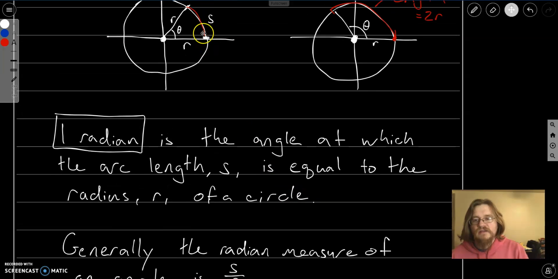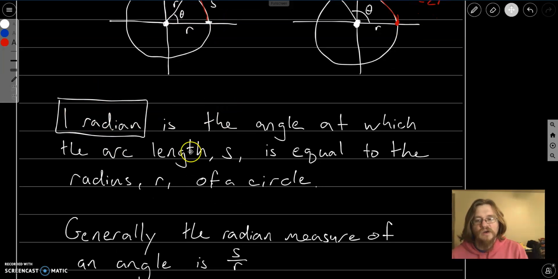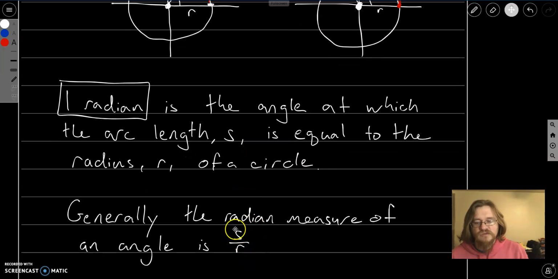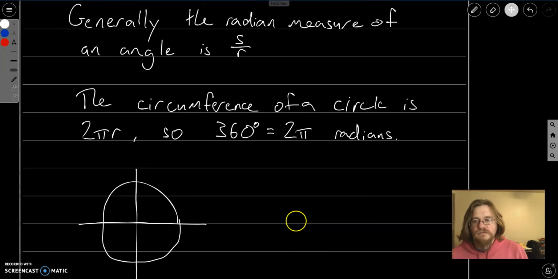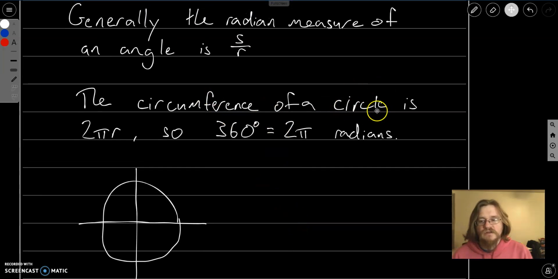So when the arc length and r are exactly the same, if you take r divided by r, you just get 1, which is why we get 1 when the arc length and the radius are the same. But in general, we'll just take the entire arc length of that angle and divide it by r. So for instance, the circumference of a circle is 2 times pi times r.